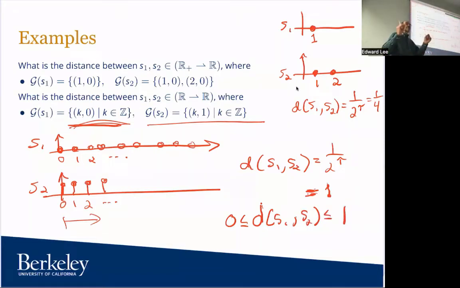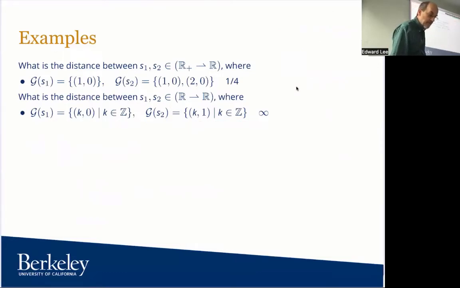The distance between two signals will be 1 if they differ immediately at the start, and 0 if they never differ. And it's always going to be somewhere in between when they differ somewhere along the timeline. Okay? So there's the formalism.